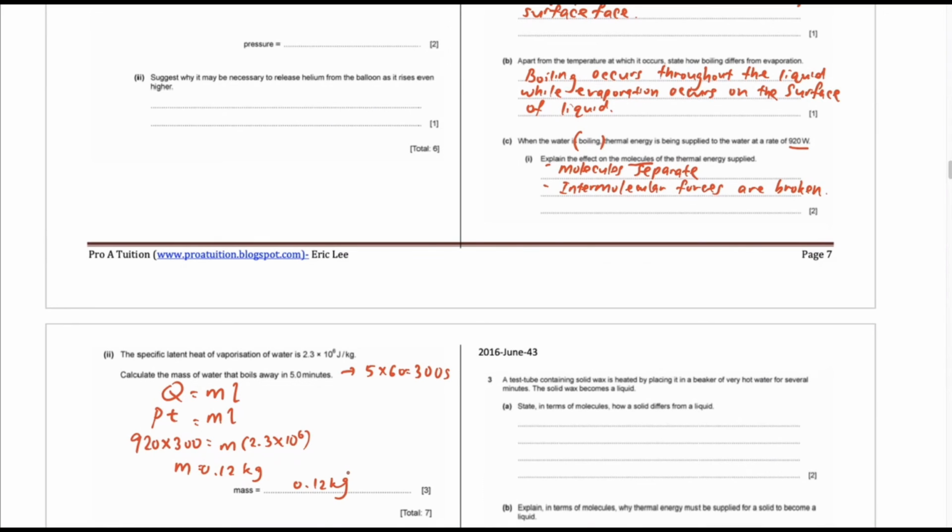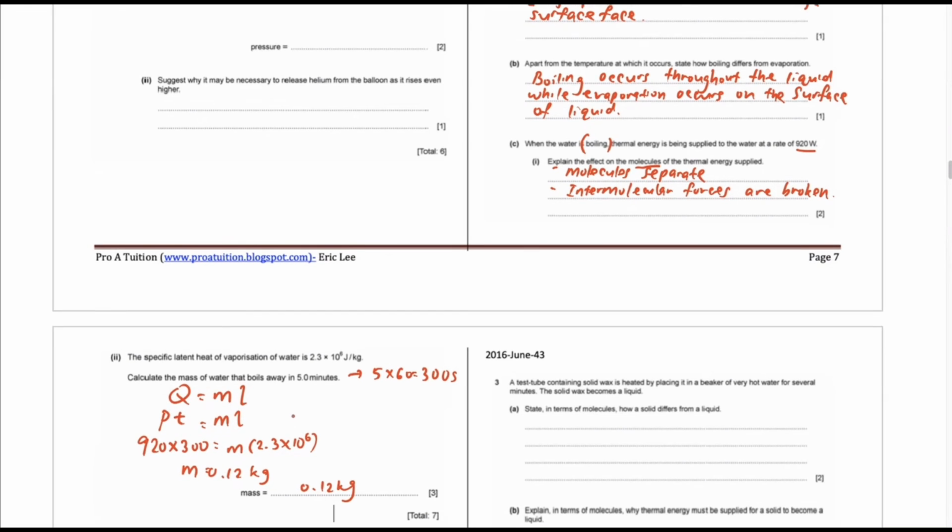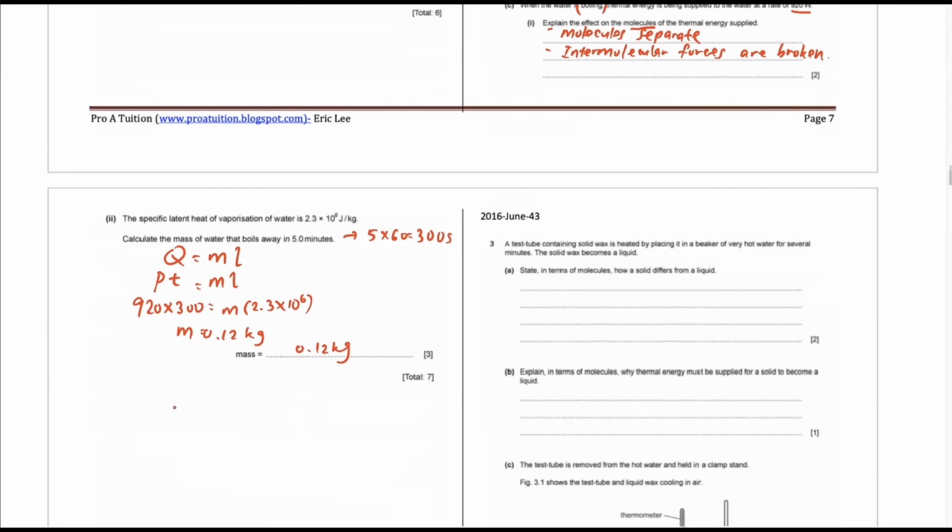So why do you put power and time? That is the formula actually. I am not sure whether you know it in this way or not. Normally we understand power as energy over time. Then you put the time to the left, so power multiplied with time is equal to energy.